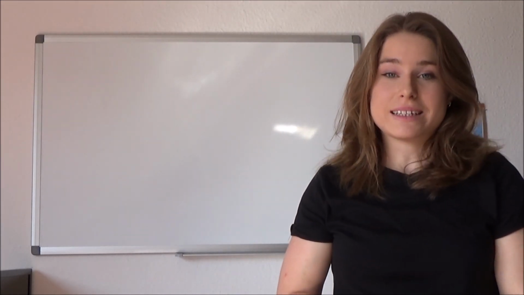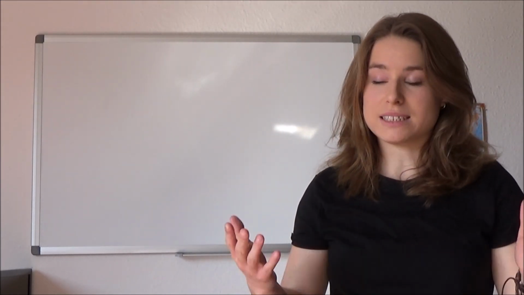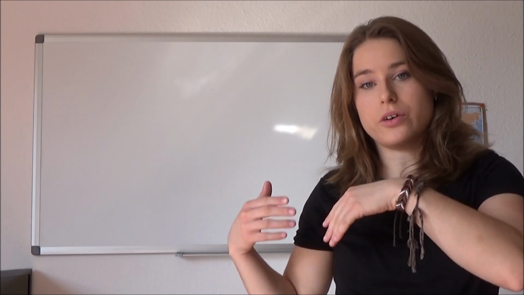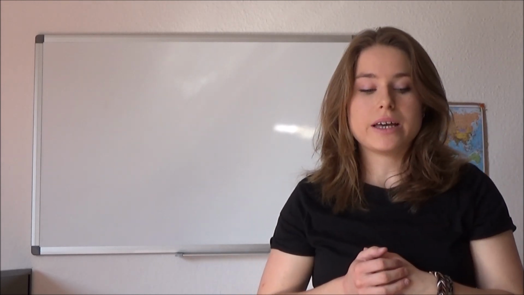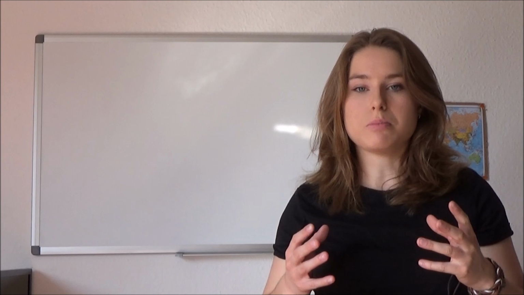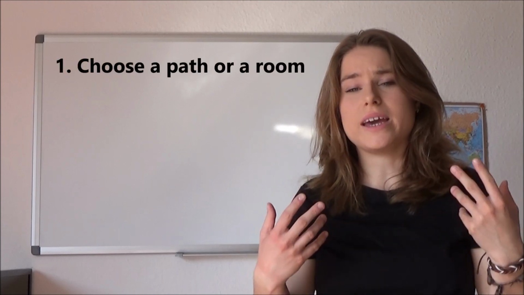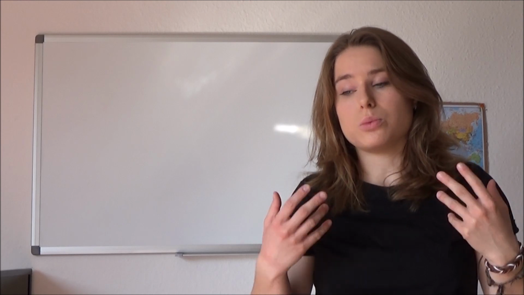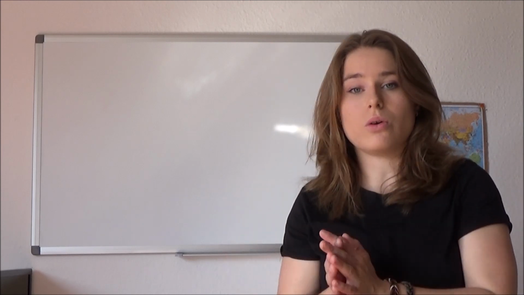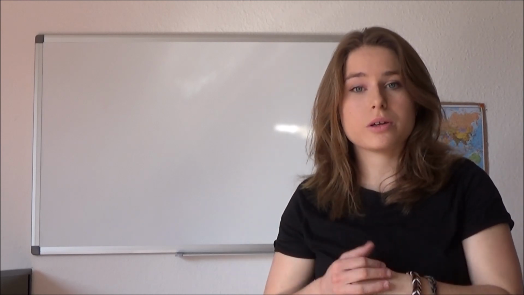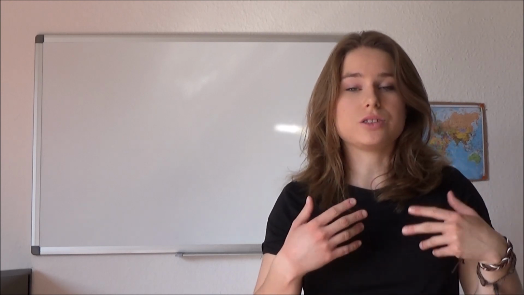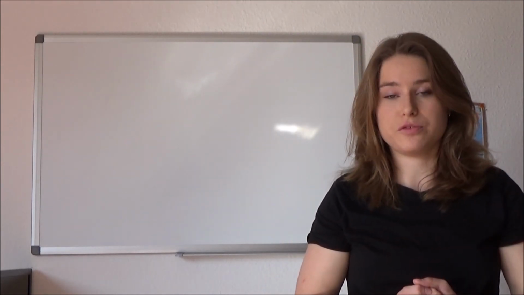The Loci technique is, as I said, kind of the basis of the mind palace. It means that you choose a path. We can try this now together. Choose a path, a way that you know very well, so the way from your home to school, or from home to work, just a way that you know from your everyday life.